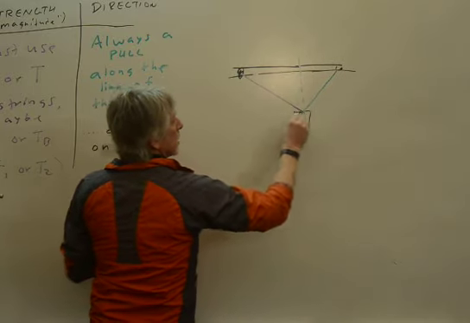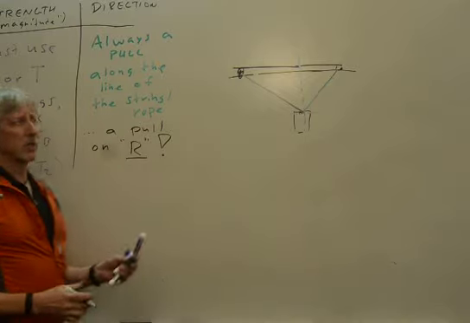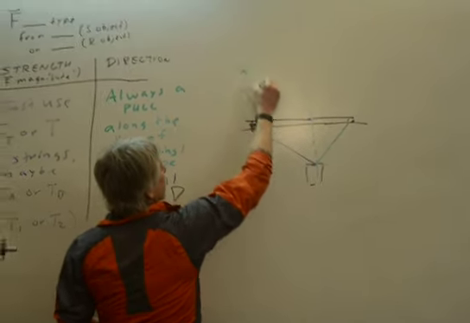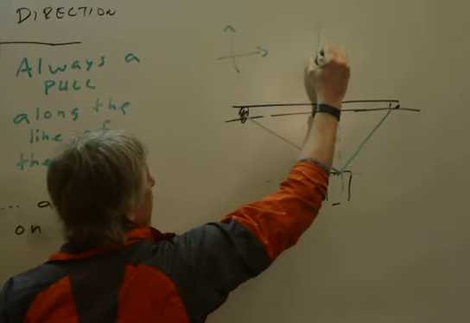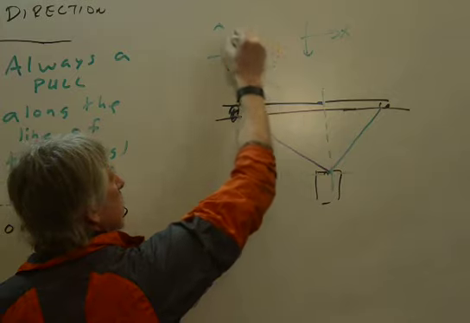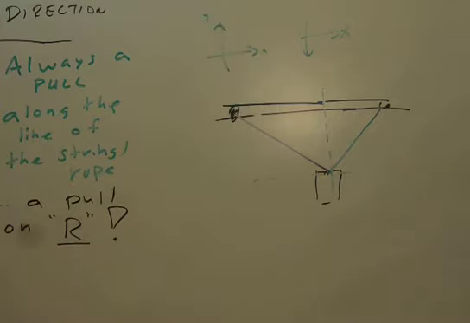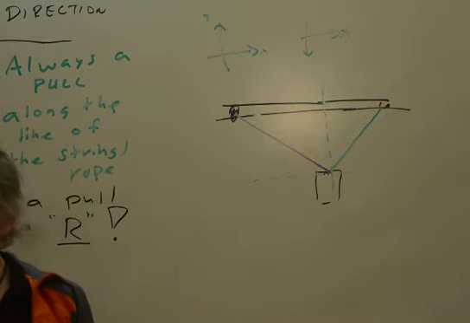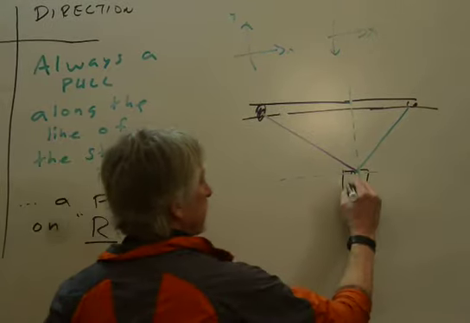And usually when we're dealing with cases like this, it makes sense to use a coordinate system of vertical and horizontal, or vertically down and horizontal, but not always. So it just depends on the context. We'll see. So we want to draw a free body diagram for our object that's hanging there.